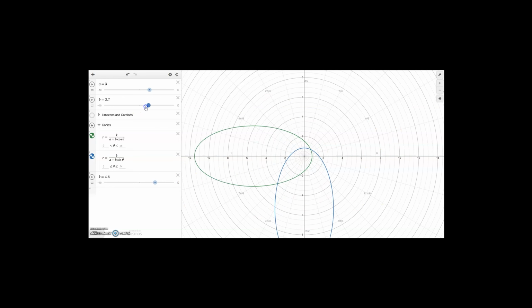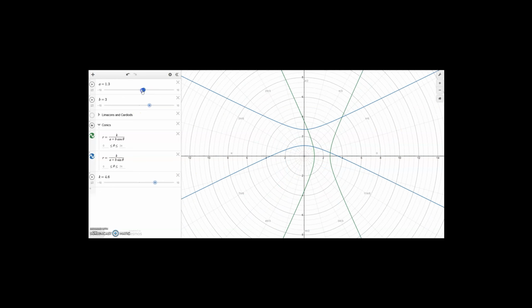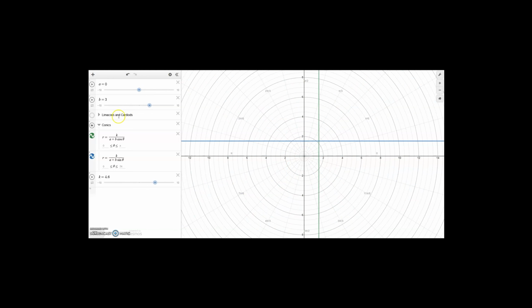When b is equal to some value and a is equal to 0, it ends up forming this strange pattern line where in the cosine function, it results in a vertical line, and in the sine function, it results in a horizontal line. This is because once you convert it into Cartesian, it's a lot easier to see.